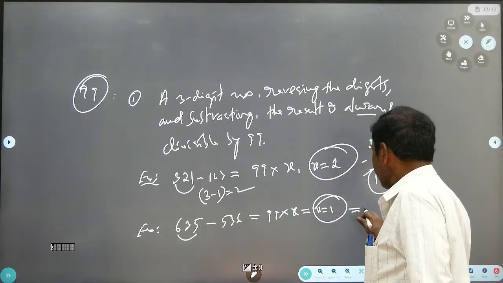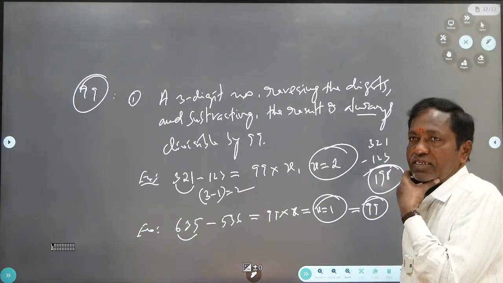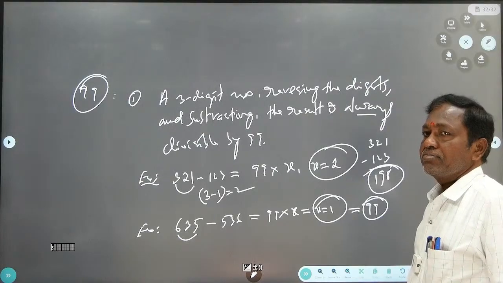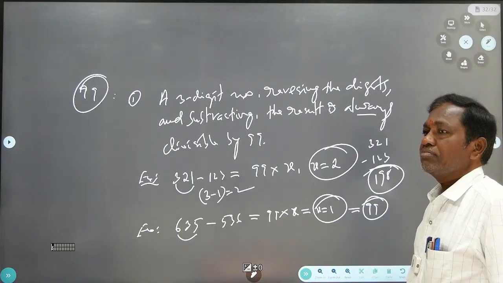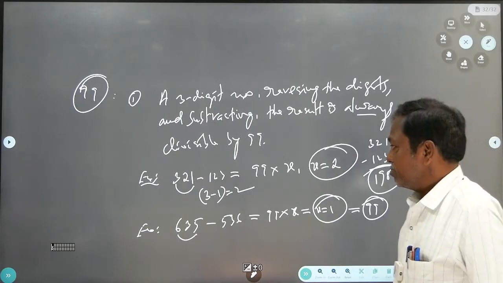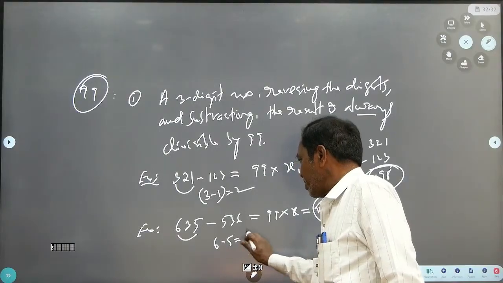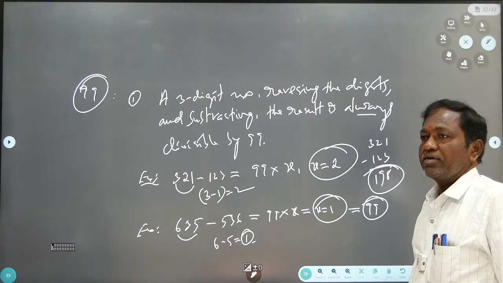It means 99 is the difference. Here 6 minus 5 is equal to 1, like that.